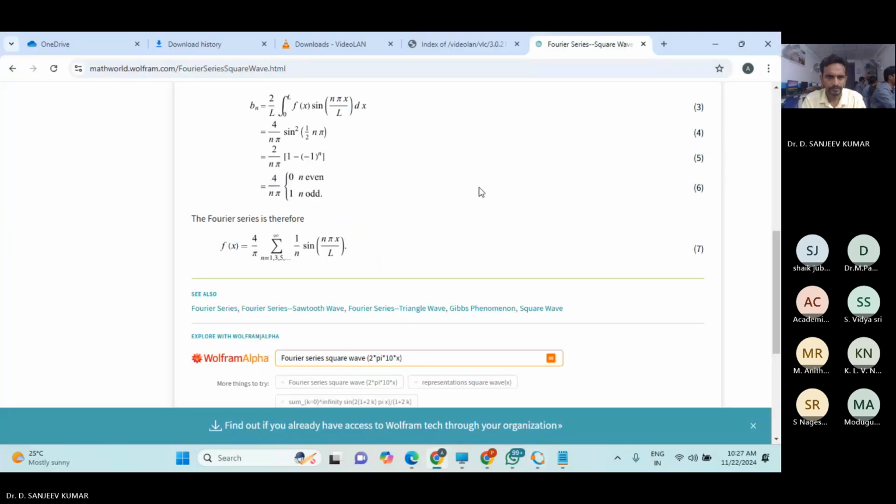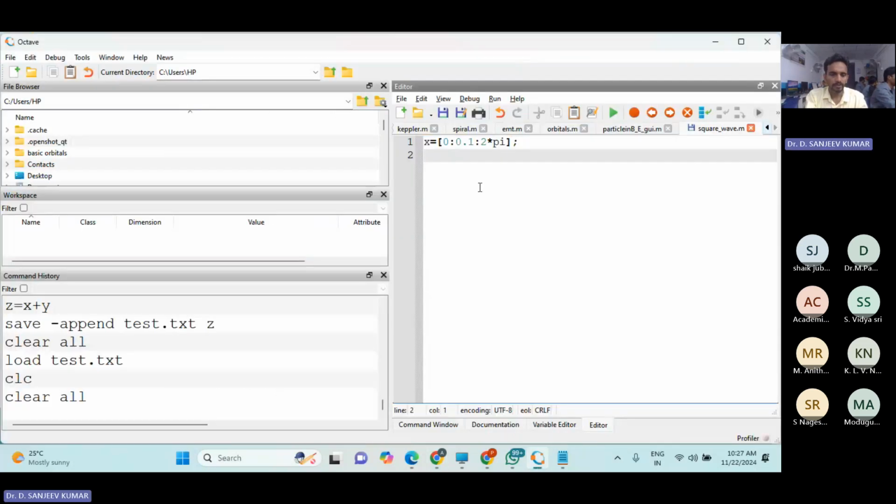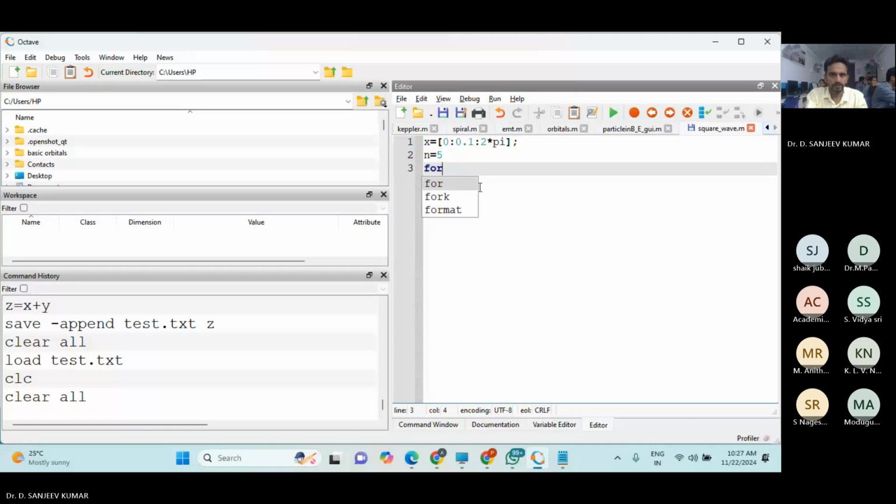Then I have to add. Let's say I'm defining n is equal to 5, for i is equal to 1 to n, and we have to consider only odd terms. So my step size should be 2.